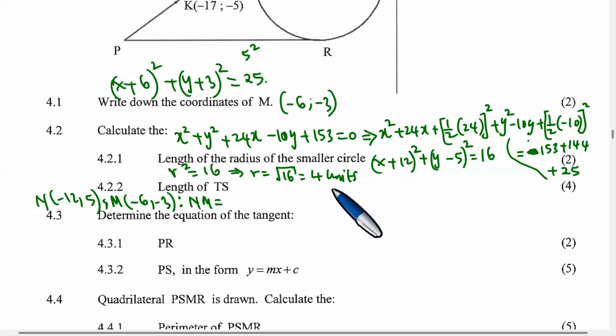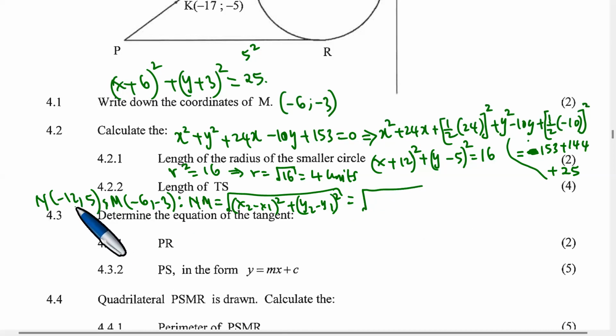Using the distance formula, the length formula, we know that it is the square root of x2 minus x1 all squared plus y2 minus y1 all squared.